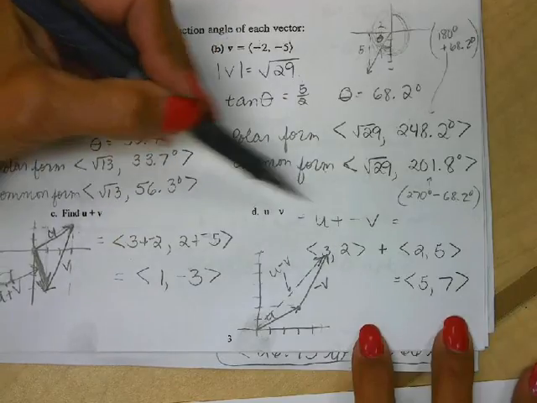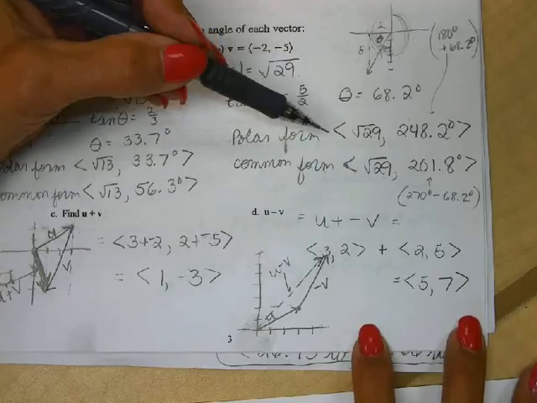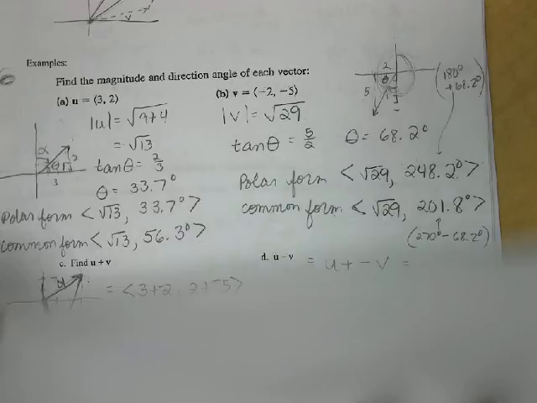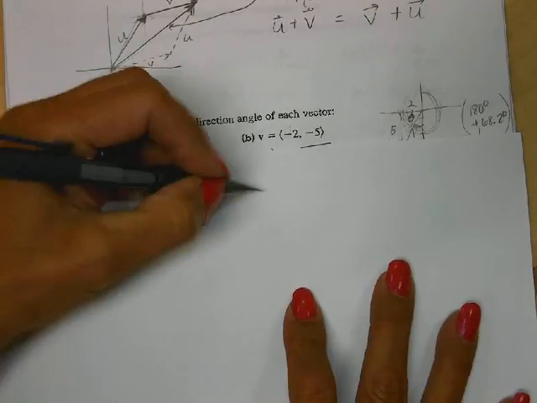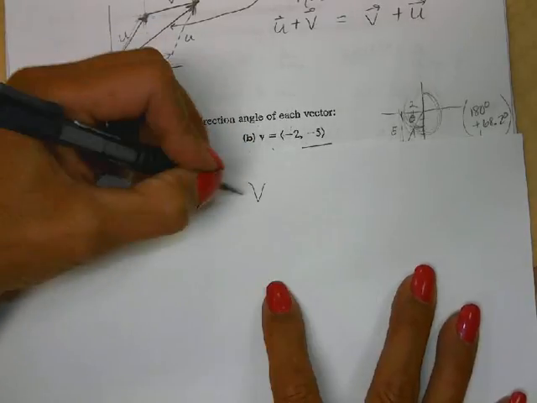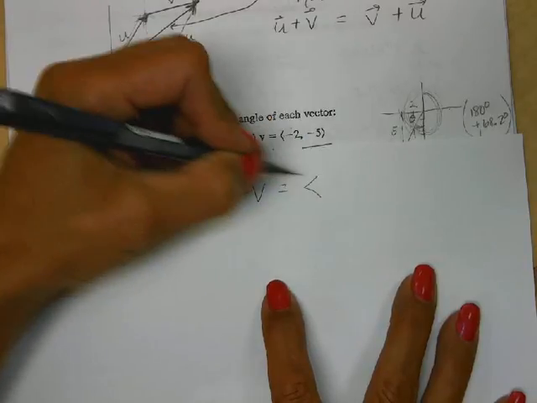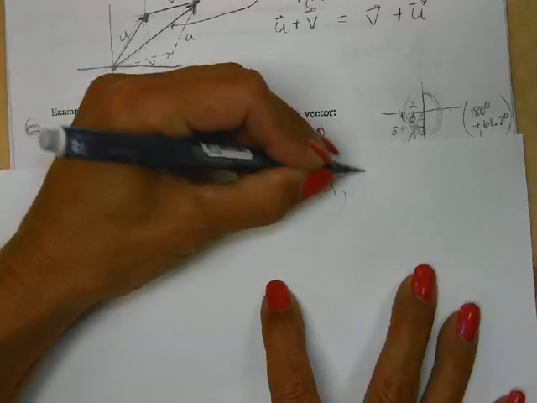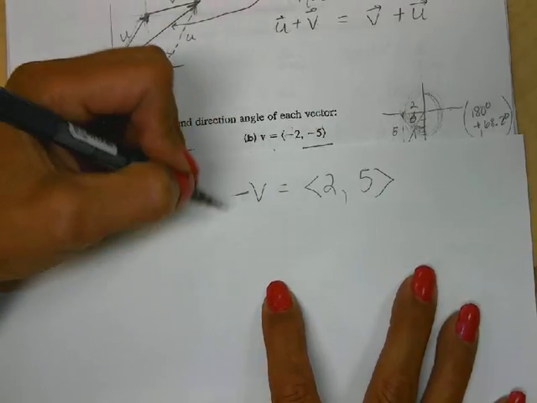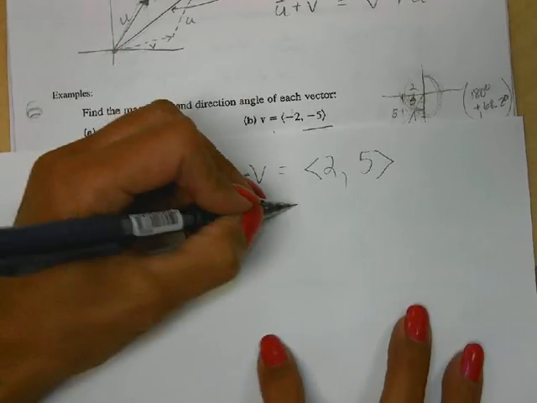Now, if I have something like u minus v, this means the u vector is this 3, 2 vector. A negative v means that your vector is actually going to go in the opposite direction. So if I had a vector v, as up here, that is going to the left and down, negative v would actually go the opposite way and would go over 2 and up 5.